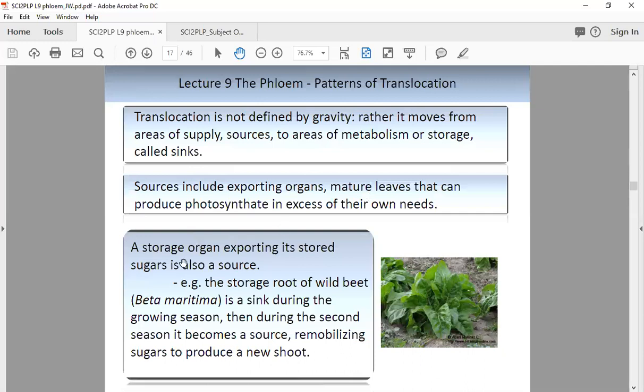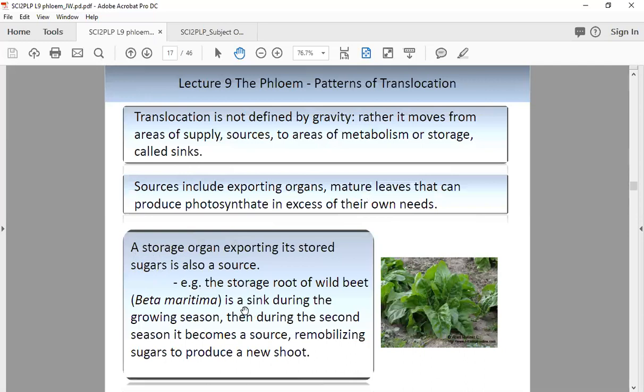And here we have a great example of a source that can become a sink. As someone said a little bit earlier, we can think about storage organs exporting their stored sugars. Let's just go to this part here. Example, storage root of wild beet.